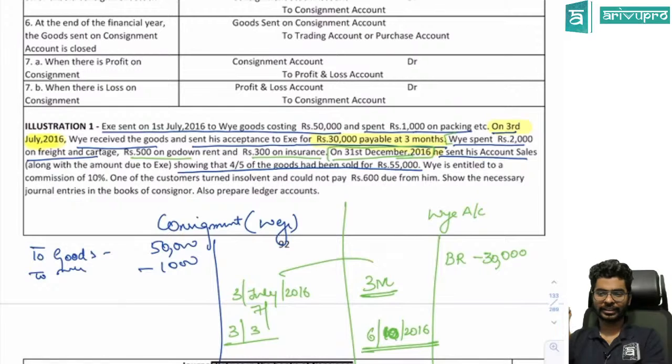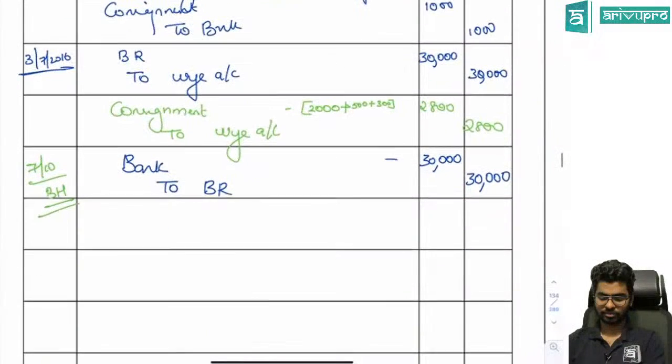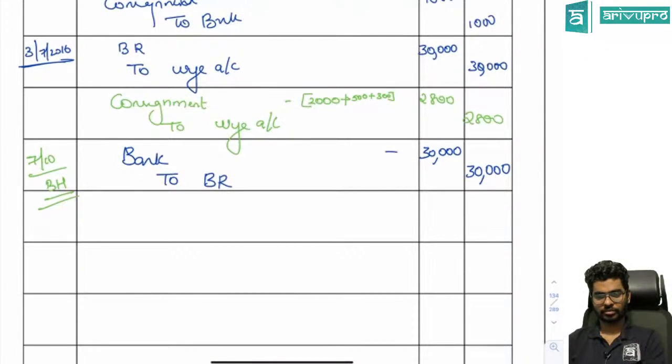Madam, all the entries are coming in the books of consignor only, madam. Because consignor has to pay back to the consignee, madam.